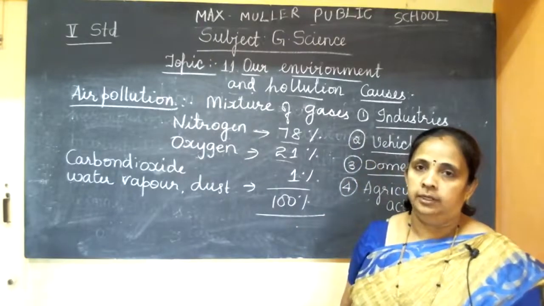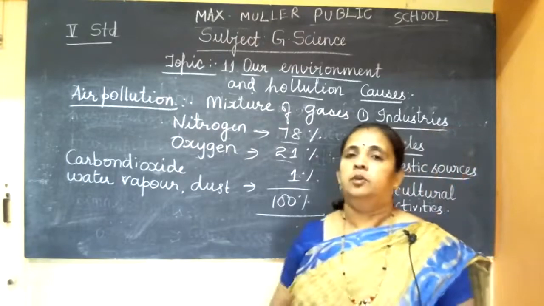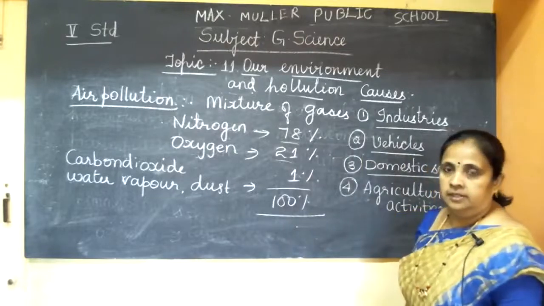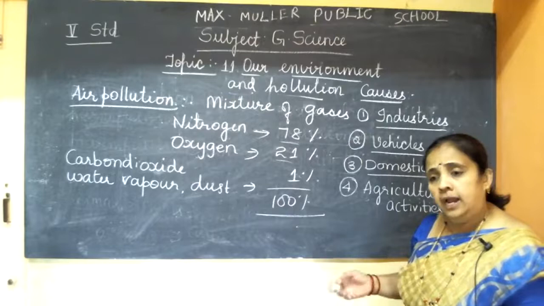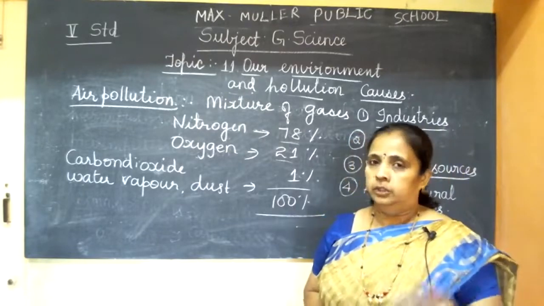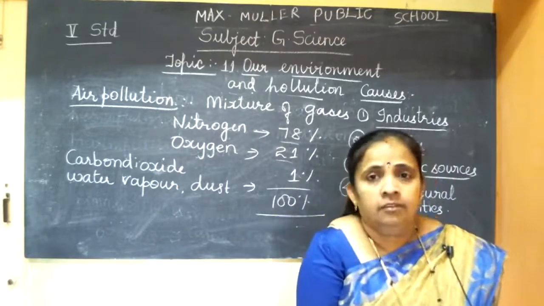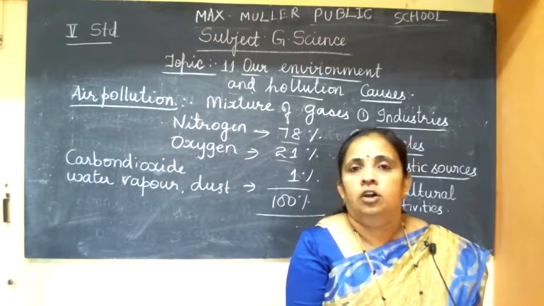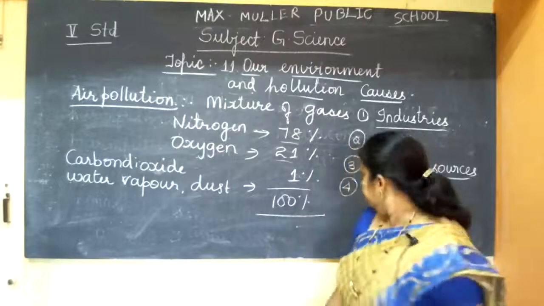He is going to spray the crops so that he will get a good yield and can protect his crops from the insects or the pests. Why are we going to spray that? To kill the insects, to kill the pests, is it not? So when the spray gets mixed in the air, it causes pollution.